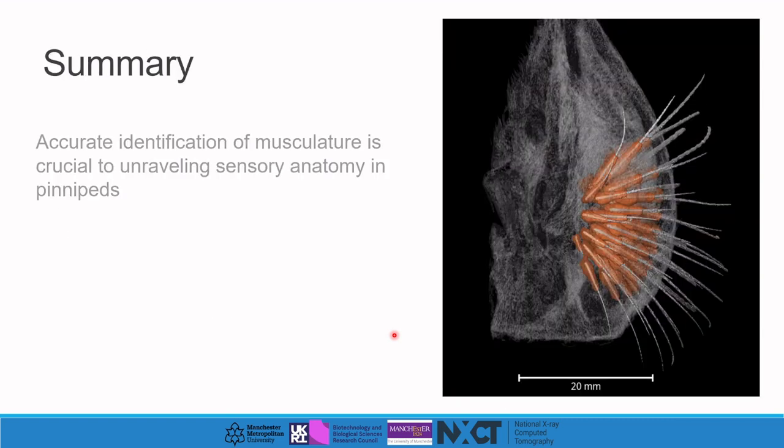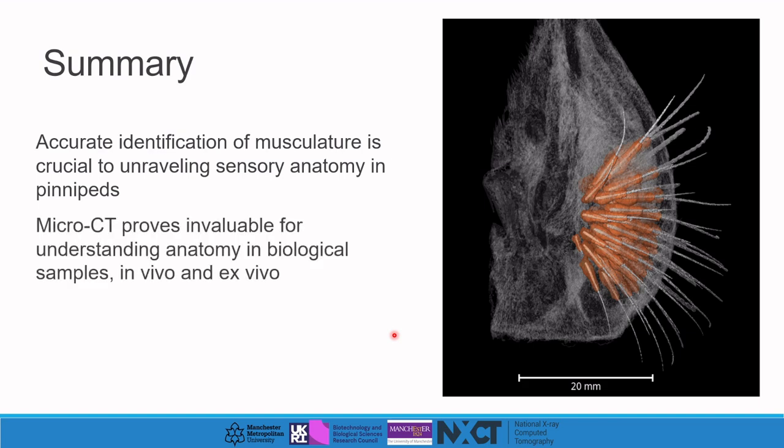So, to close, to understand the sensory anatomy in pinnipeds, we need to be able to accurately identify the muscle structures in the mystacial pads. Micro-CT has proven to be an invaluable tool for understanding the anatomy of biological samples, both in vivo and preserved specimens like ours.